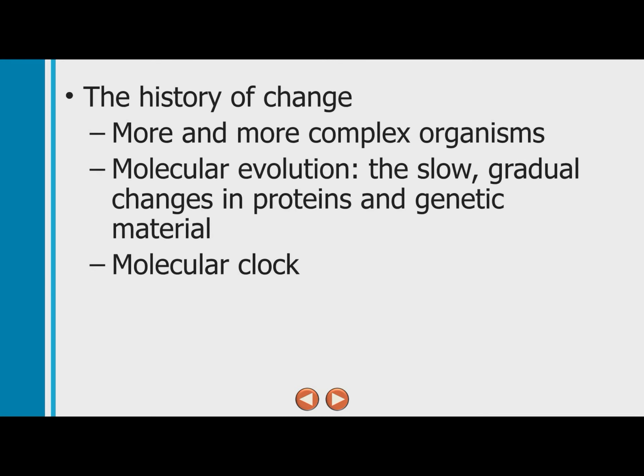Next, we see that more and more complex organisms began to come about as a result of biological evolution. This is molecular evolution, as we see here. The slow, gradual changes in proteins and genetic material resulted in, again, more and more complex organisms.